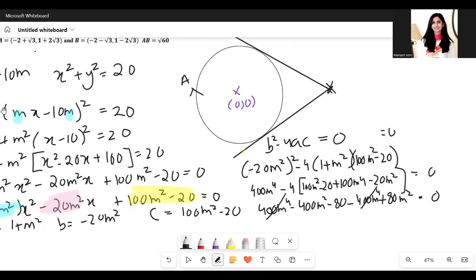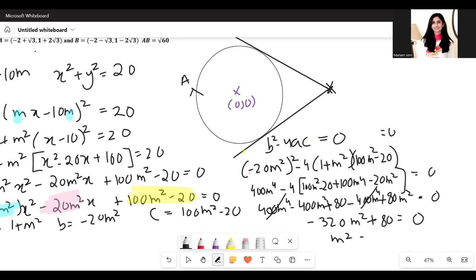Thank God these two cancel out, and we have minus 400 m squared plus 80 m squared. That's minus 320 m squared minus 80 equals 0. But this should be plus 80. Yeah, this should have been plus 80. And this is also plus 80.